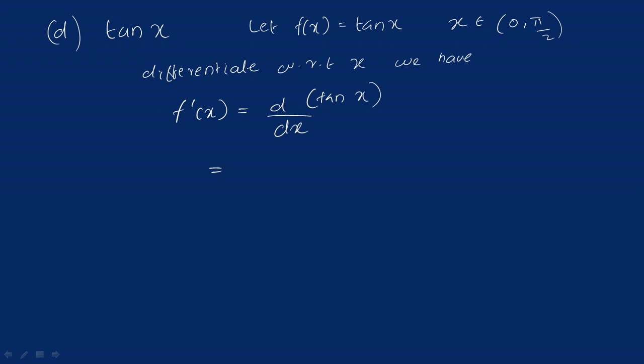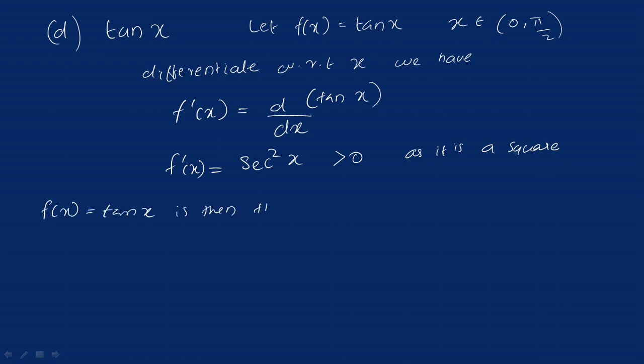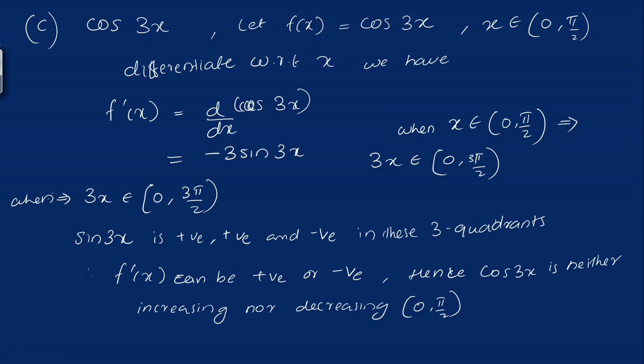That is sec square x. So f dash of x is equal to sec square x, which is greater than 0. As sec square is a square term and x belongs to the interval 0 to pi by 2, sec square x is always positive in that interval. So f of x equal to tan x is always an increasing function.